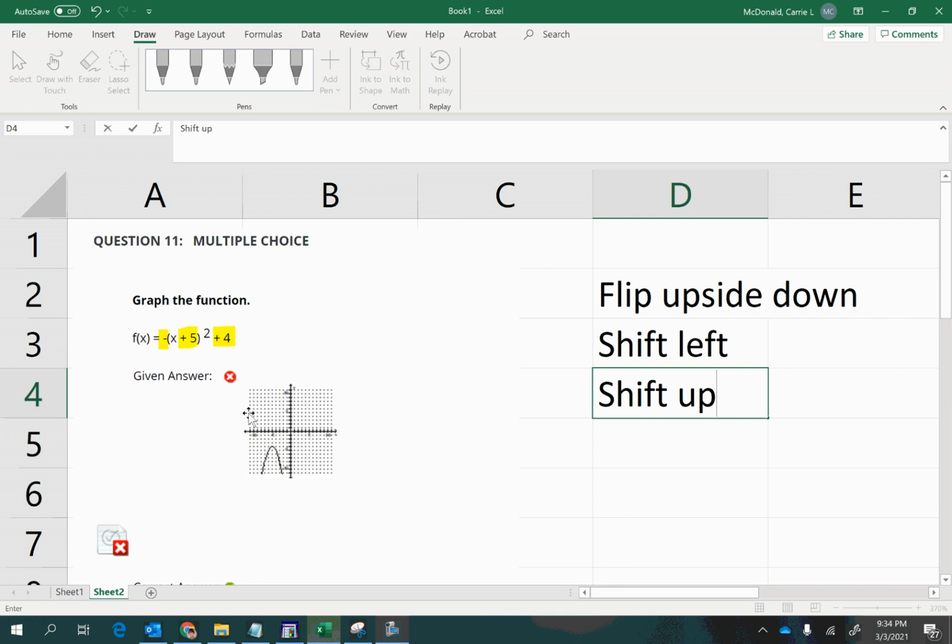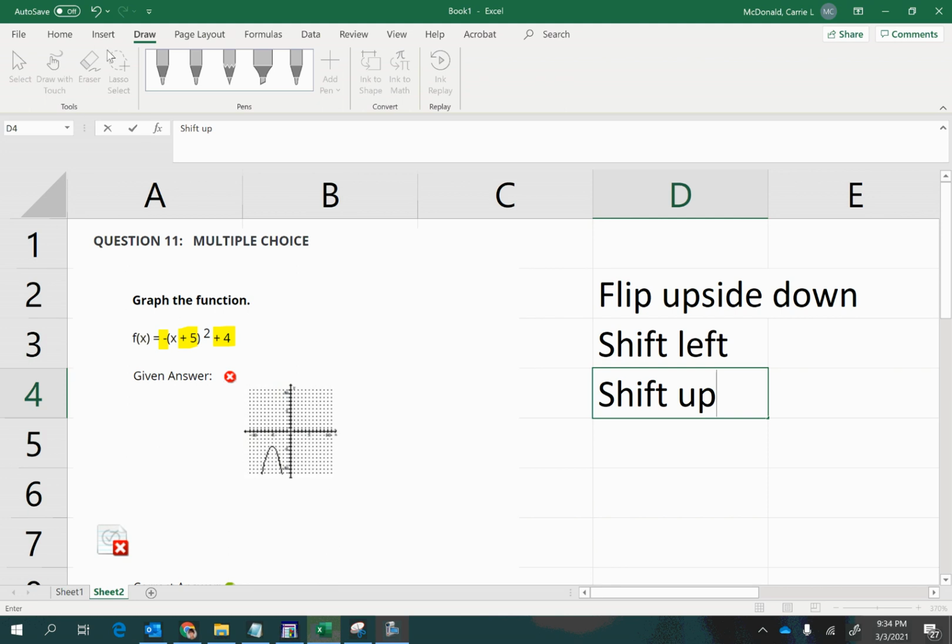All right, so from the origin, if something moves to the left and down, it would have to be in this quadrant. But here, it should have been to the left and up. So it was just that you had your vertex in the wrong quadrant.